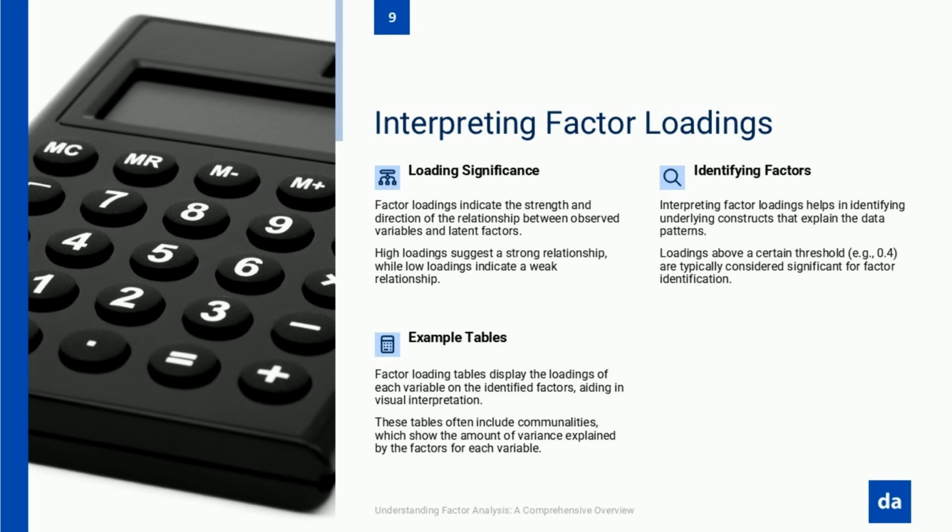We've extracted our factors, rotated them for clarity, and now we're staring at a table of numbers that supposedly holds the key to understanding our data. Welcome to the world of factor loadings, the secret language that tells us which variables belong where and how strong those relationships really are.